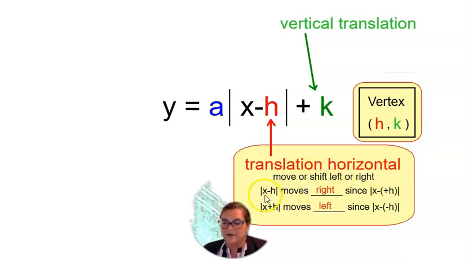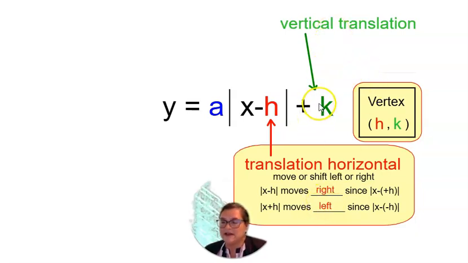When we have absolute value of the quantity x minus h, that makes it a positive h. That's why we're moving to the right. In the absolute value of the quantity x plus h, that form is x minus h. So to get a plus, we'd have x minus negative h. And the negative on the h is what shifts the graph to the left.